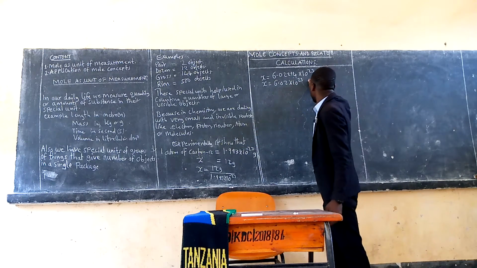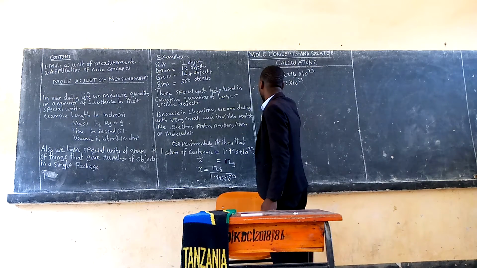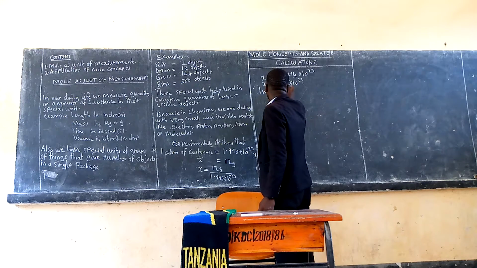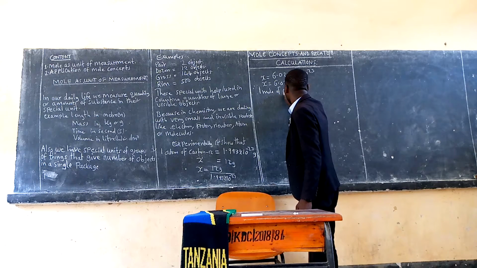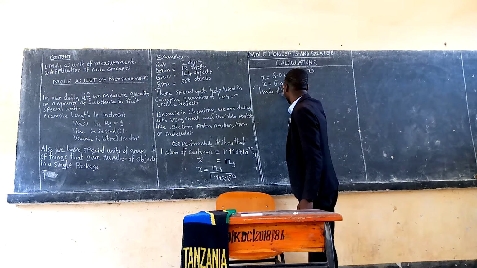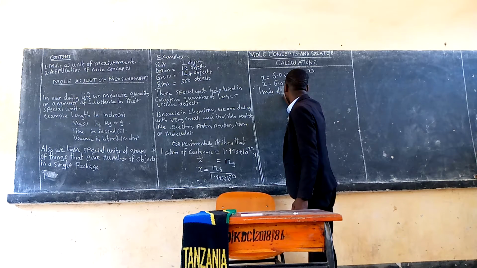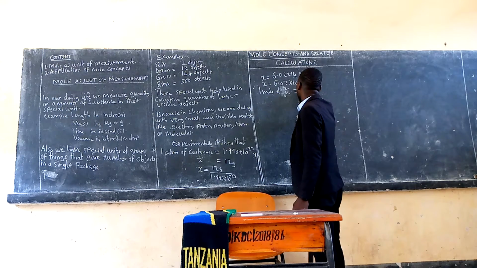Now, these are the number of atoms of carbon. Therefore, we say 1 mole of carbon-12 equals 12 grams.